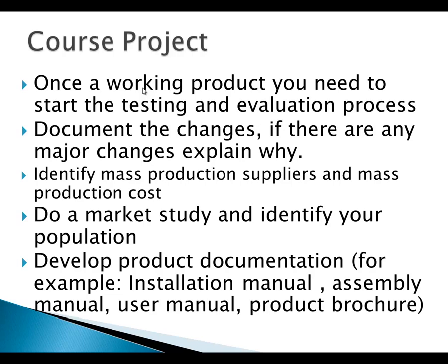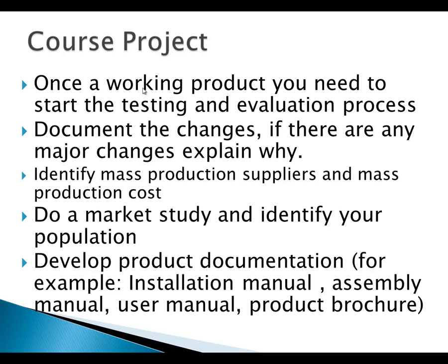You need also to identify the mass production suppliers and mass production cost, and that will be in the second assignment, where you study supplier selection. You study the supply chain, and then you select or identify the suppliers that will provide the material with lower cost.